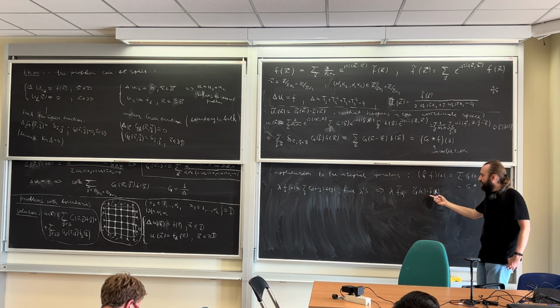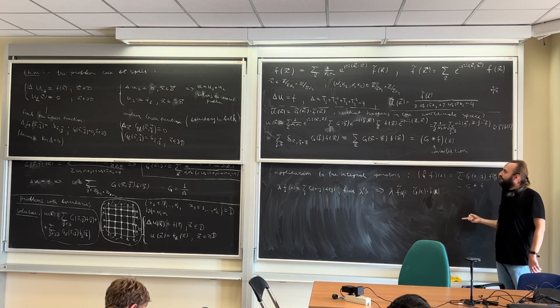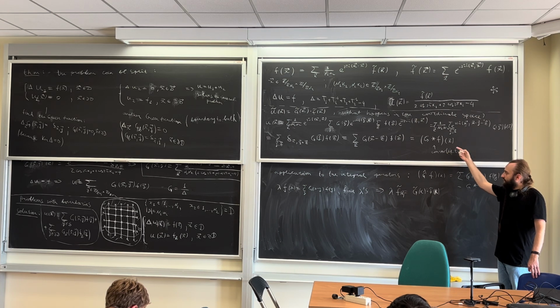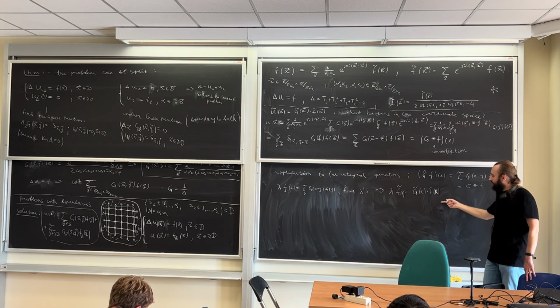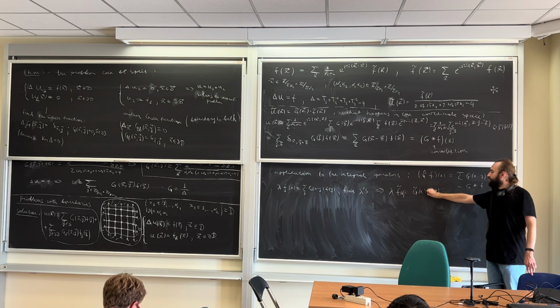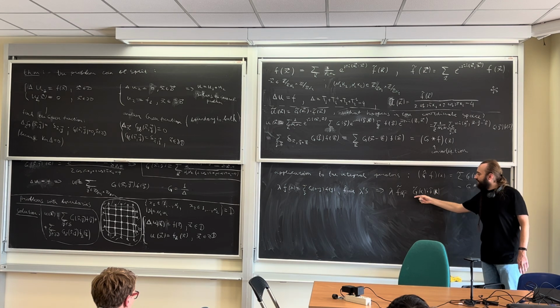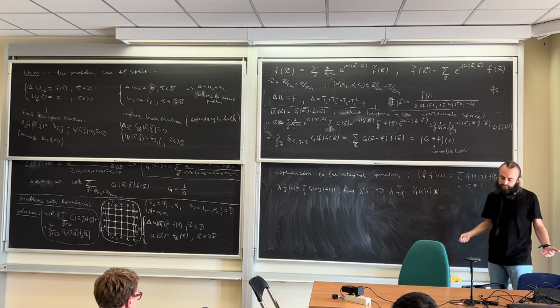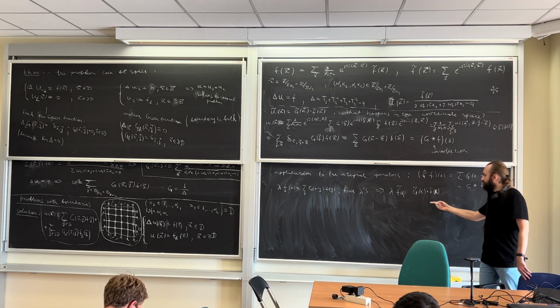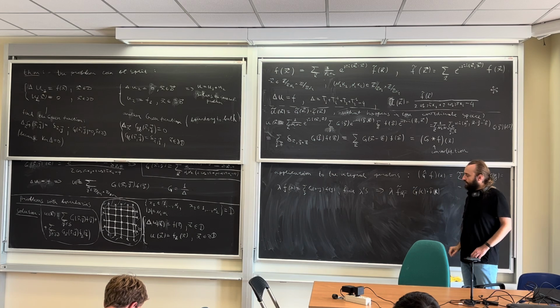So the point is that such integral or difference operators, which depend only on the difference of points, can be diagonalized by Fourier transform. And here we can see that all eigenvalues of this operator are just values of its Fourier transform at different points.